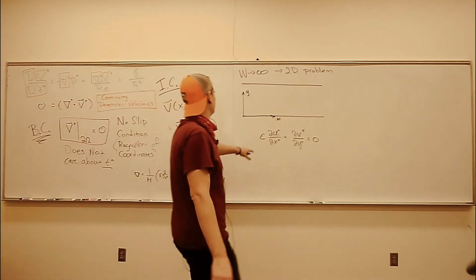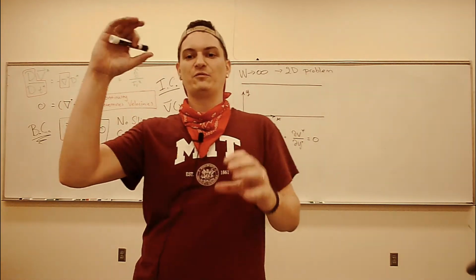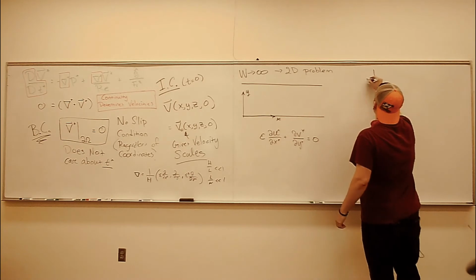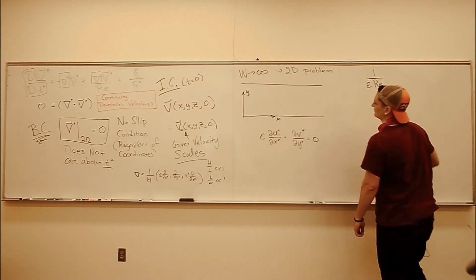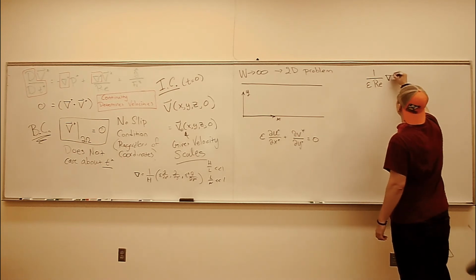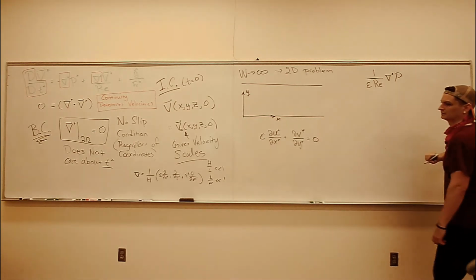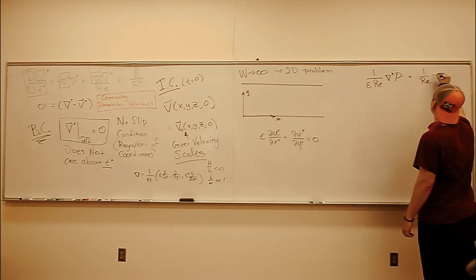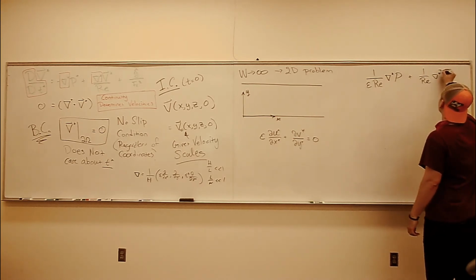Okay, and you would see this as an exercise if you looked at the way I wrote that with this 1 over epsilon term. So I had a 1 over epsilon Reynolds, and then I had this pressure, and then I would have this 1 over Reynolds velocity.